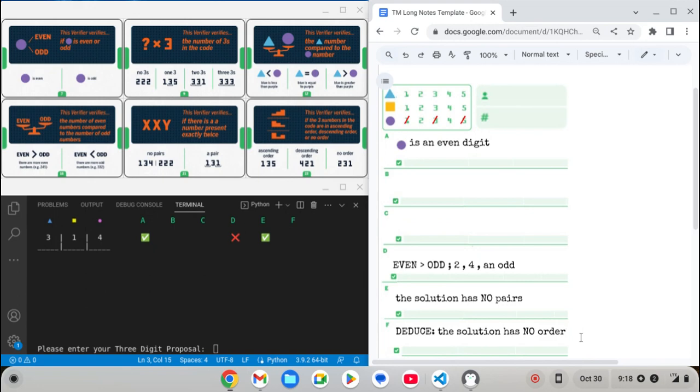Because again, if it were to have ascending or descending characteristics, we would know something about triangle and circle.